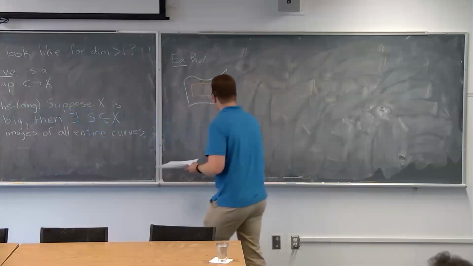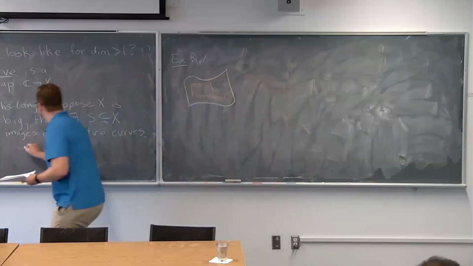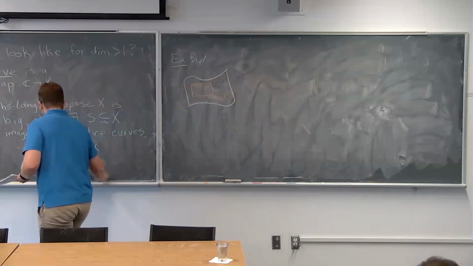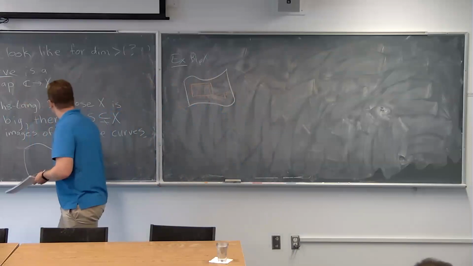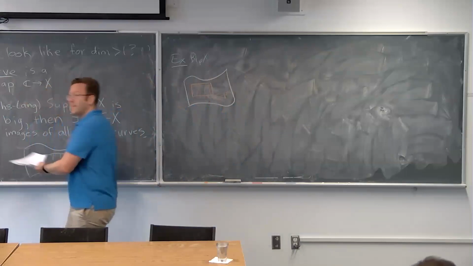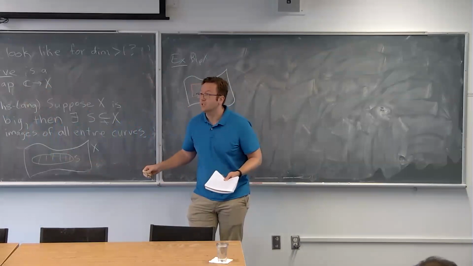The general picture is very similar to this example. We have our X, which is of general type, which should say something about the curvature, and there's some bad subset S where there could be lots of entire curves. And then outside of S, there are no entire curves. And that's the conjecture.